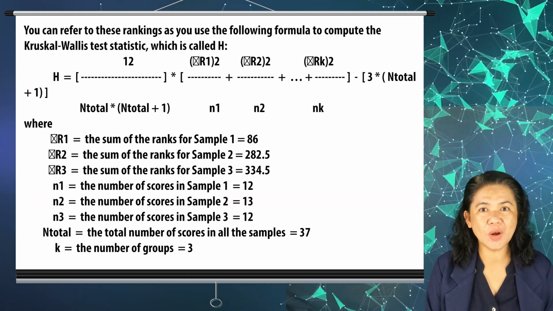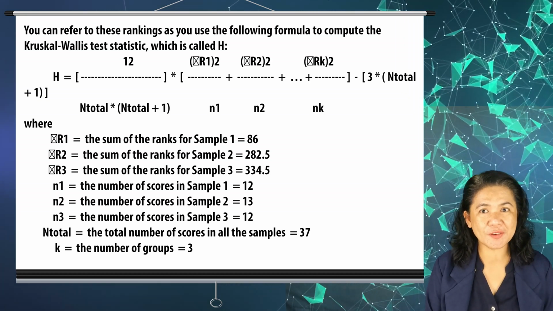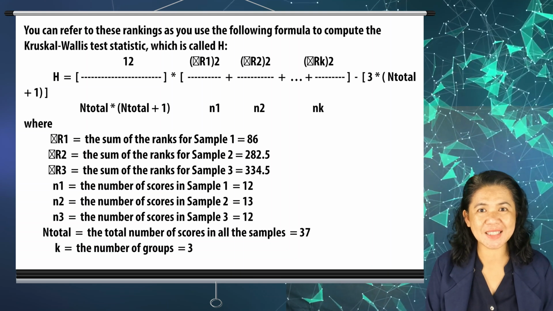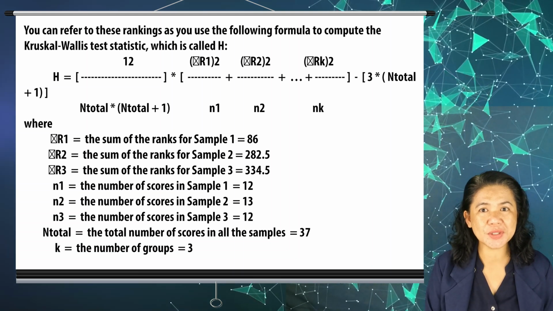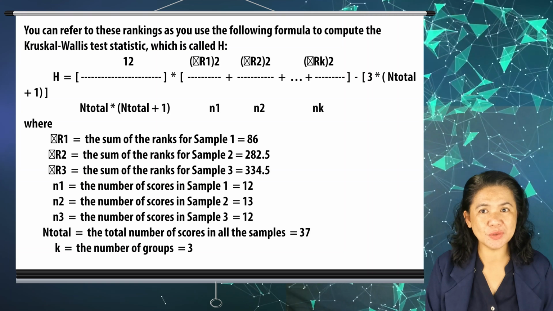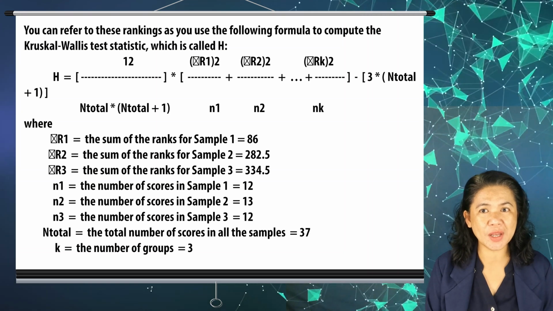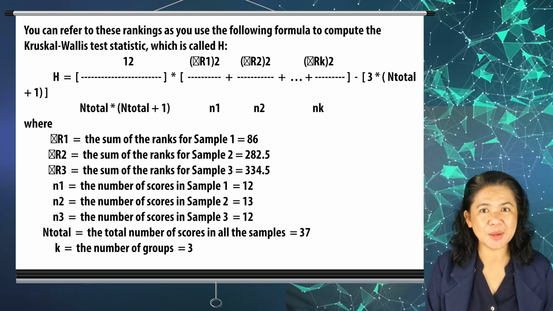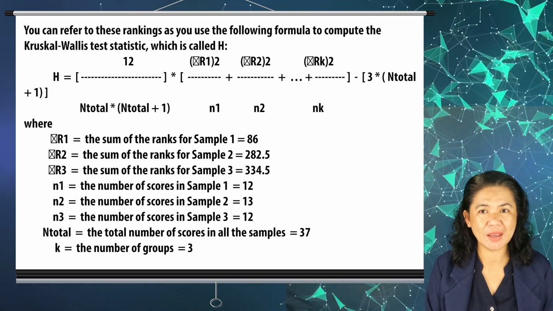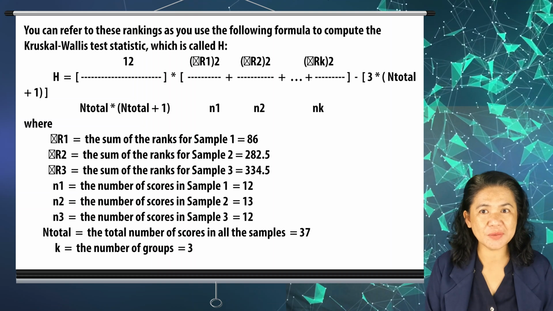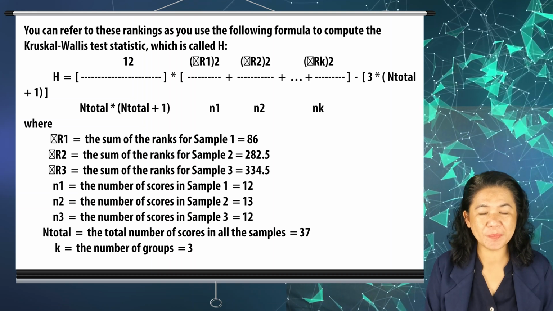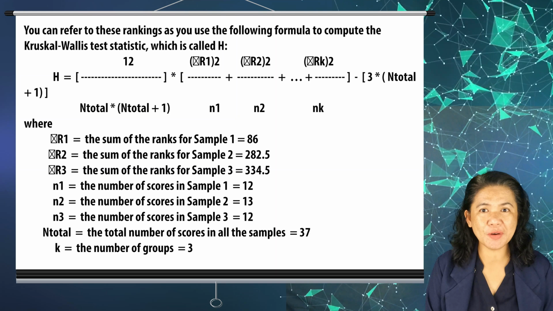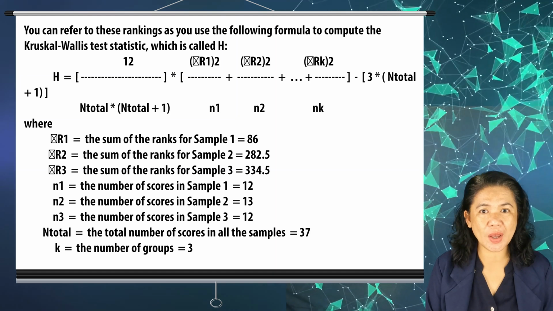Where SR1 is equal to the sum of the ranks for sample 1, and that is 86. SR2, the sum of the ranks for sample 2, which is equal to 282.5. SR3, the sum of the ranks for sample 3, equals 334.5. N sub 1, the number of scores in sample 1, is 12.